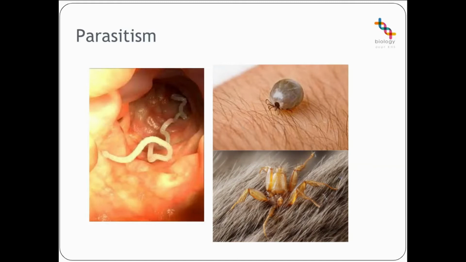The host is usually harmed or at least loses some energy and or materials to the parasite. Now, these may be noticeable or not noticeable. So, for example, if you've ever had a midgie bite, that was a parasite coming to feast on you. A little bit uncomfortable perhaps, maybe a little bit itchy, not all that nice, but relatively harmless for you.